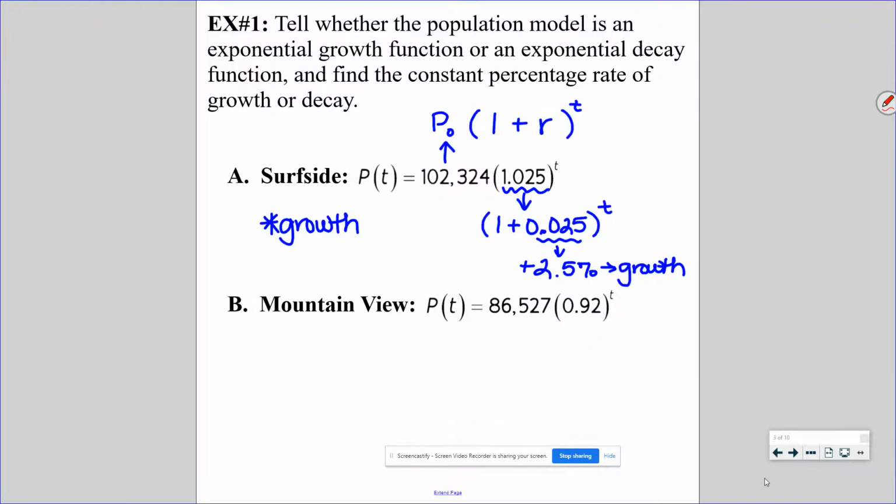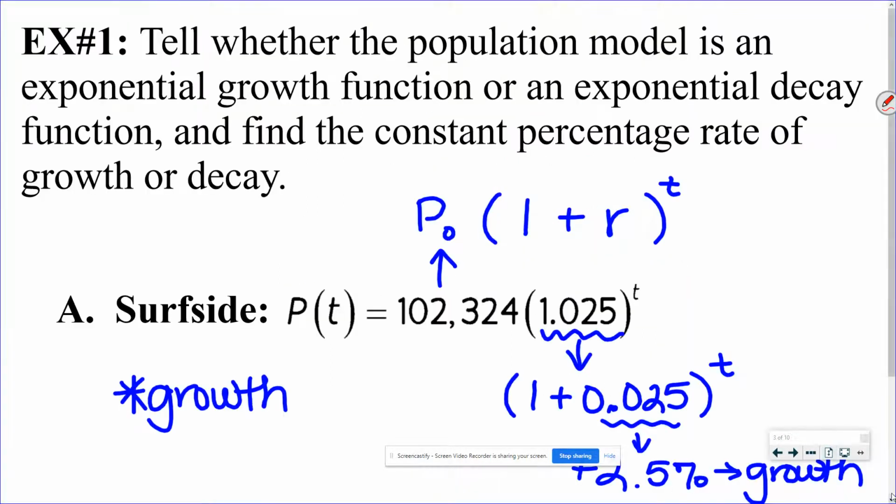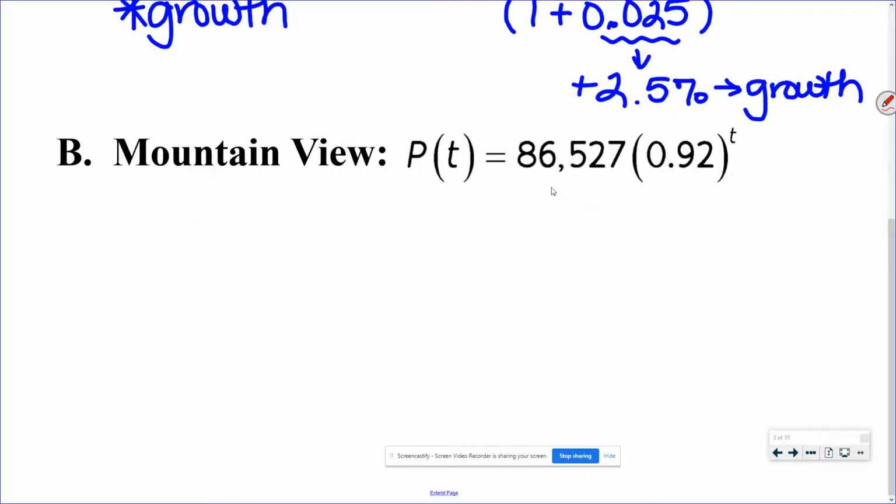So Mountain View, population, there we go. Population is 86,500. That's your initial population. Then 0.92. Well, to fit my formula, I have to have 1 plus something to get 0.92. And the only way to get 0.92 if I'm starting with 1 is to subtract 0.08, right? 1 minus 0.08 would equal 0.92, wouldn't it?